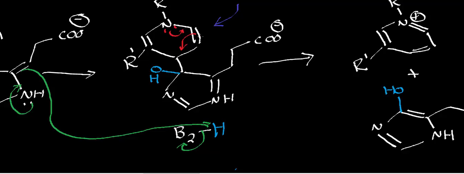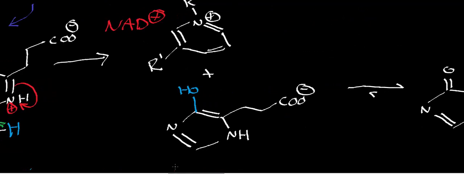Okay, and so what that does is it causes these electrons to kick in here, and by the way, this should have a positive charge, and that's going to cause these pi electrons to kick up onto this nitrogen. Okay, so now we have NAD plus back, so we've kicked off that ring, and now what we have is the enol version of imidazolone propionate.